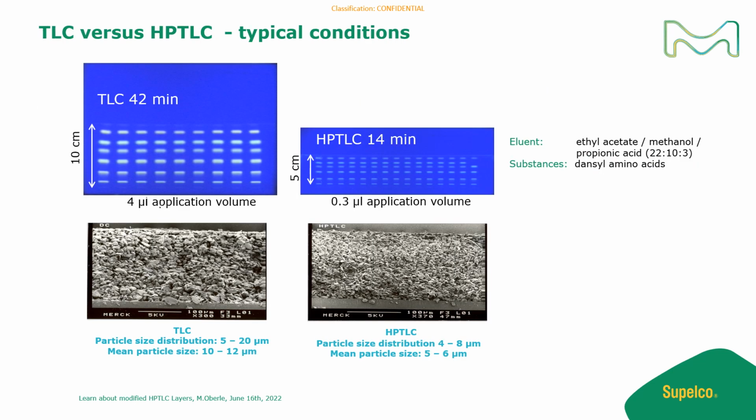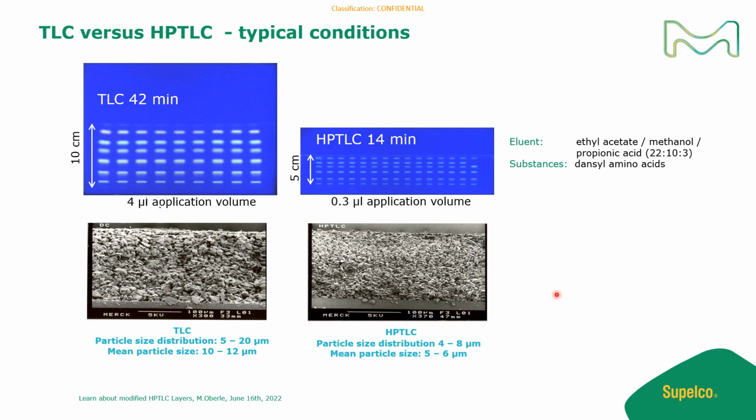So on this slide, the comparison of TLC to HPLC layers is presented. The normal basic TLC plates have a format of 20 by 20 centimeters and the particle sizes are much bigger than on HPLC layers.